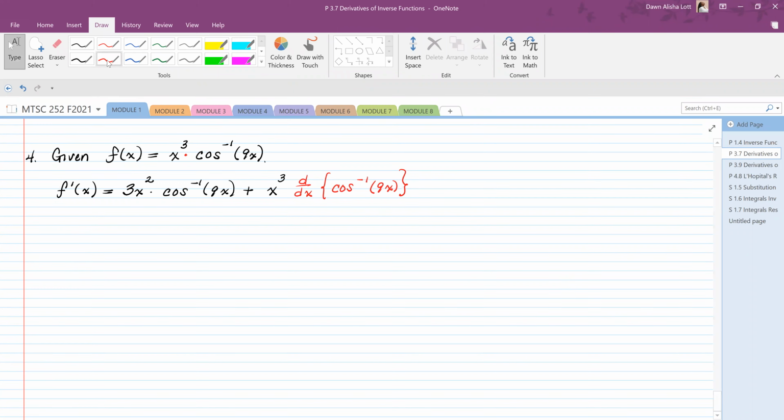The first thing is we've got to remember that the derivative with respect to x of the cosine inverse of u of x is negative 1 over the square root of 1 minus u of x squared. Remember, the co's are negative. And then I have to multiply by du dx on the outside.